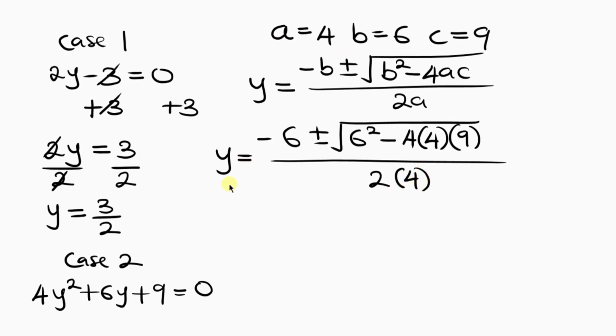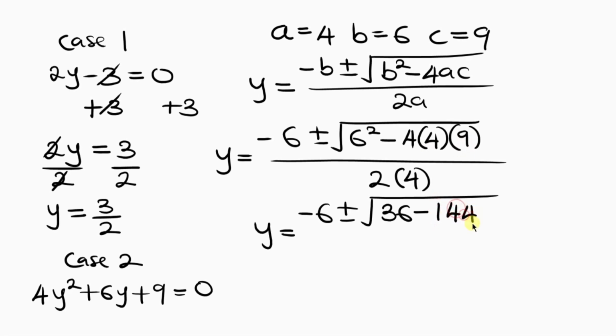So this simplifies into y equal to negative 6 plus or minus the square root of 6 squared is 36 minus 4 times 4 times 9 is 144. All over 2 times 4, that's 8.